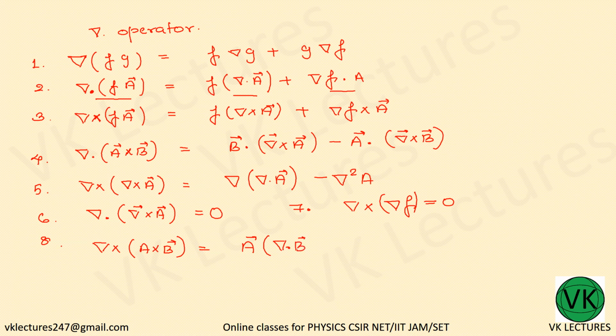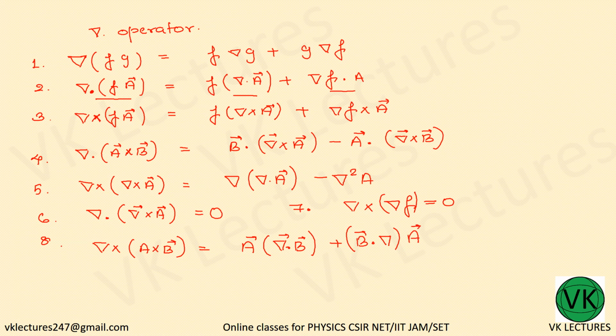So your first term, here you are going to get a vector, so a into del dot b plus b dot del into a.